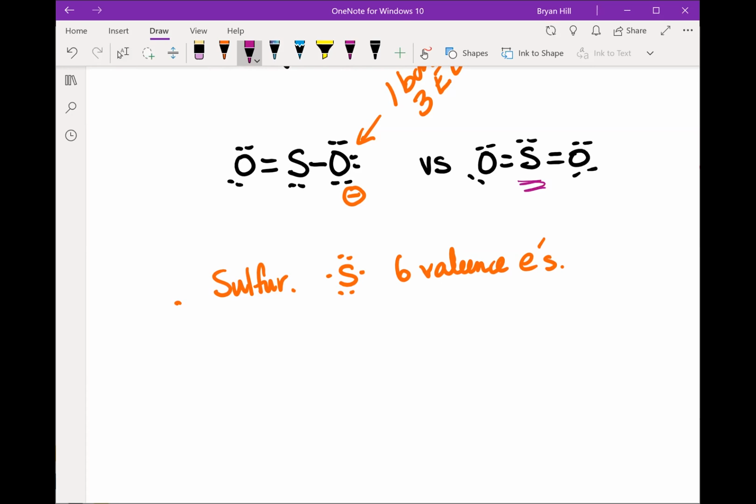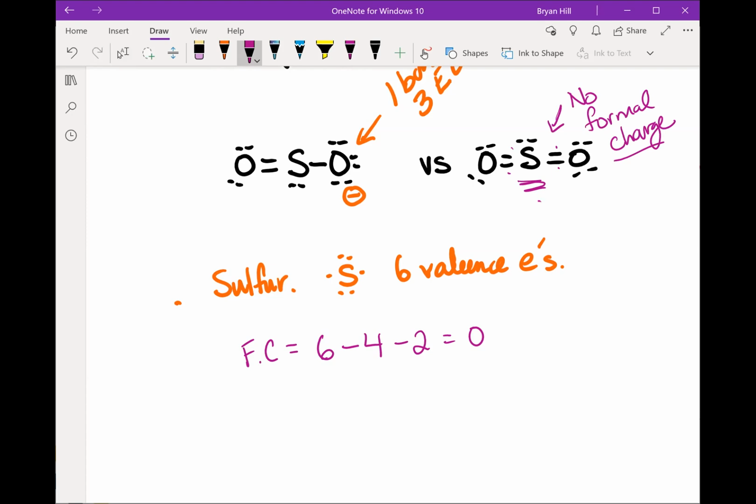Our formal charge formula would equal 6 minus the number of bonds, 1, 2, 3, 4, minus the number of electrons in lone pairs, 2, which will equal 0. So the sulfur in this molecule has got no formal charge. In fact, the oxygens have no formal charge, so this structure has got no formal charge.